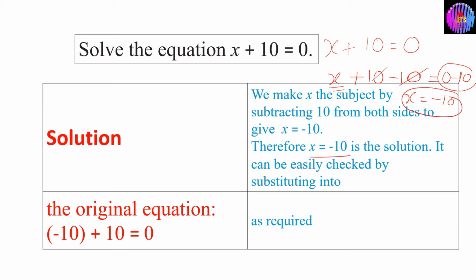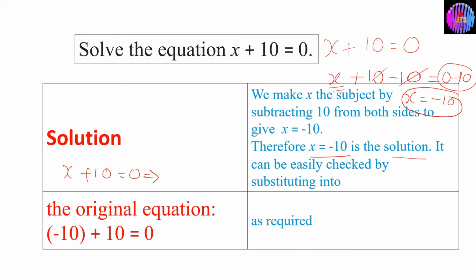Therefore x is equal to minus 10 is the solution, a root of the linear equation. We know that the solution can be known as the root of the linear equation. It can be easily checked by substituting into the original equation. X plus 10 is equal to 0.